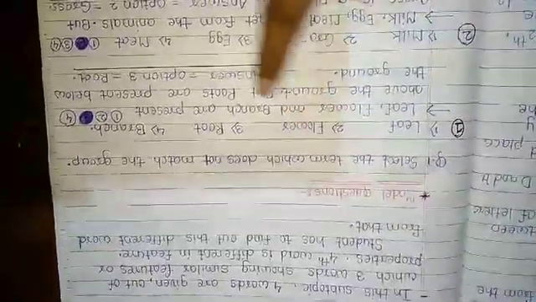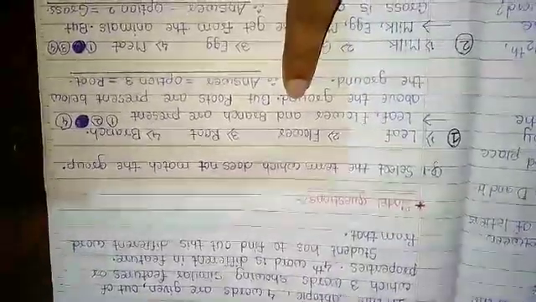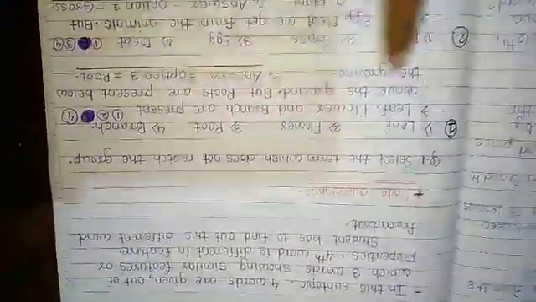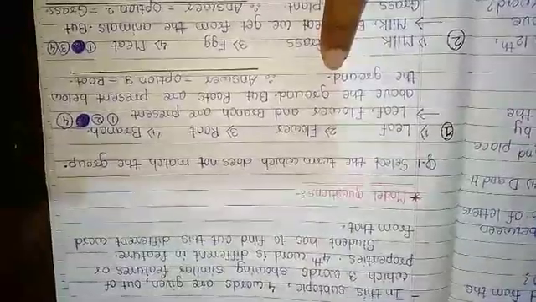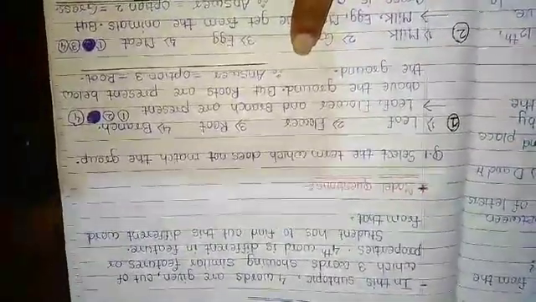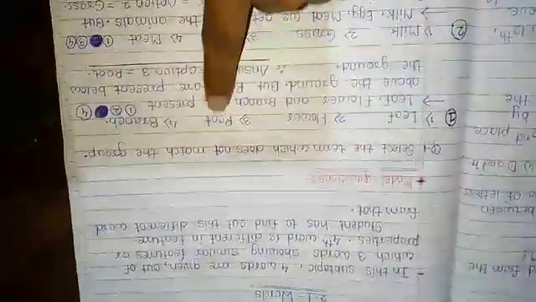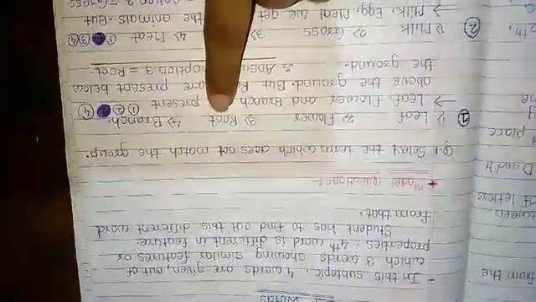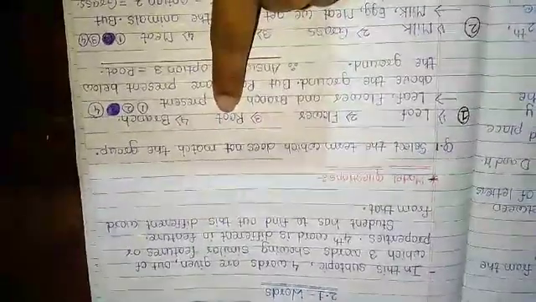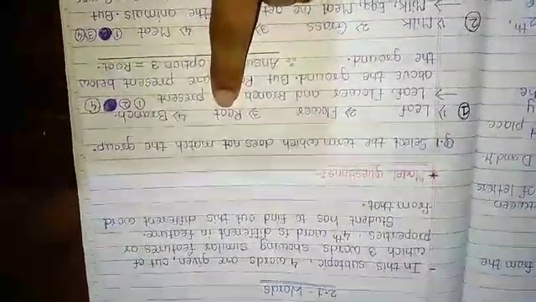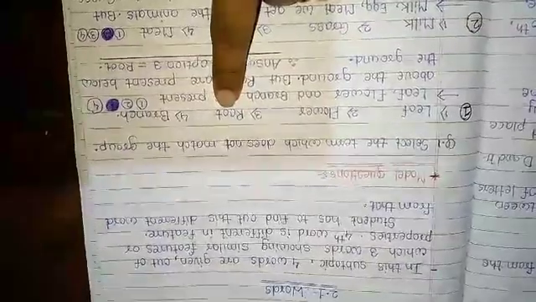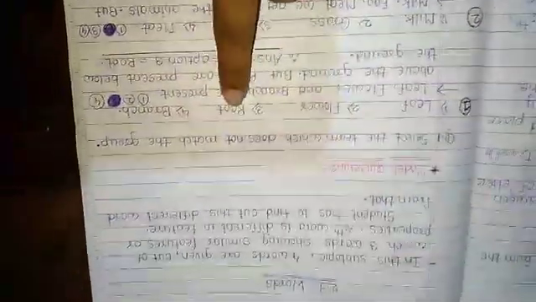Leaf, flower, and branch are present above the ground, but root is present below the ground, under the soil. So the common factor is that they are present above the ground and root is below the ground. So the odd man out, the word which does not match with this group, is root. So our option number is 3, which does not match with this group.